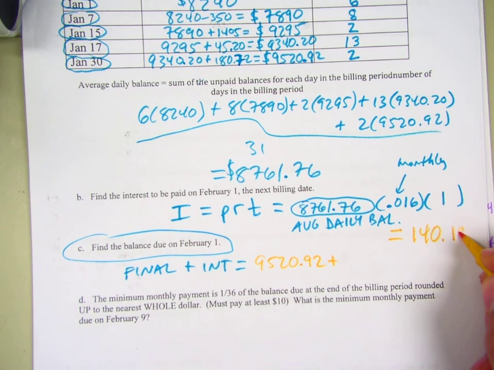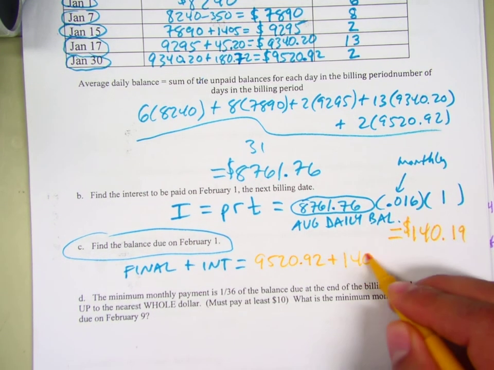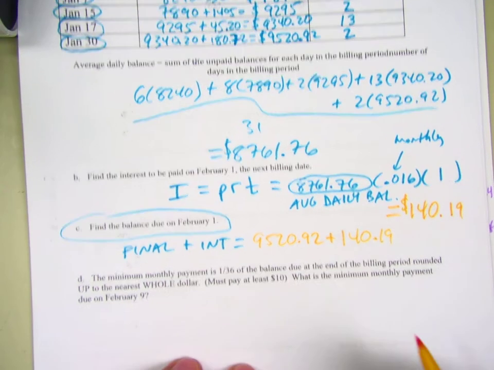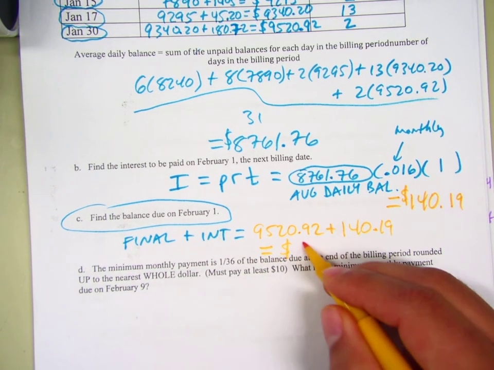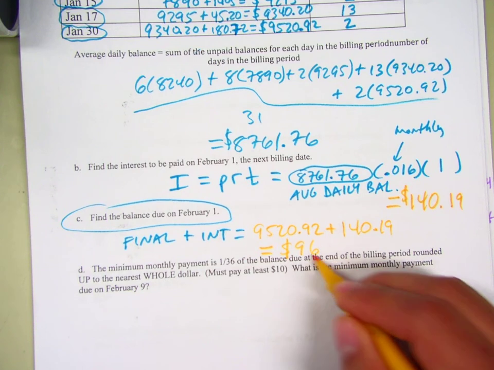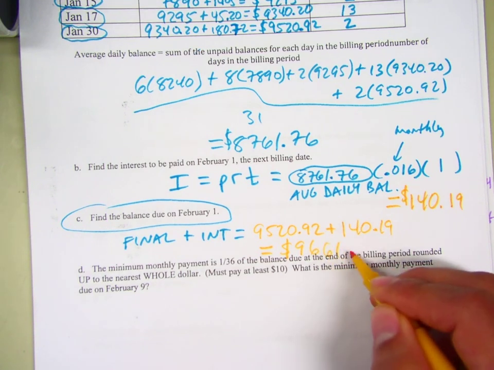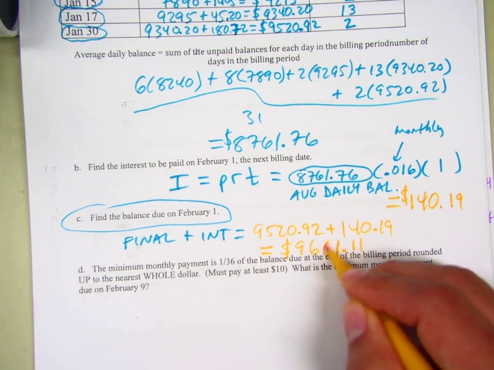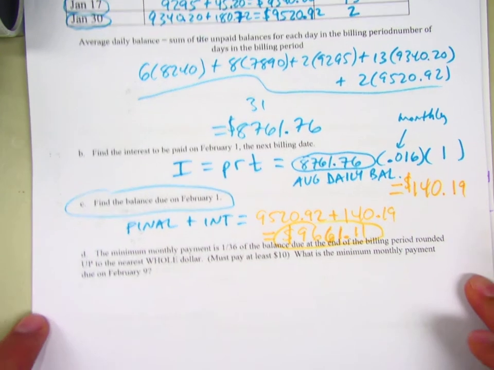Okay? So, here's how this credit card works. Add these two up. Now you owe $96.61.11. Yeah. If I did that right. Okay. So you start with a beginning balance.